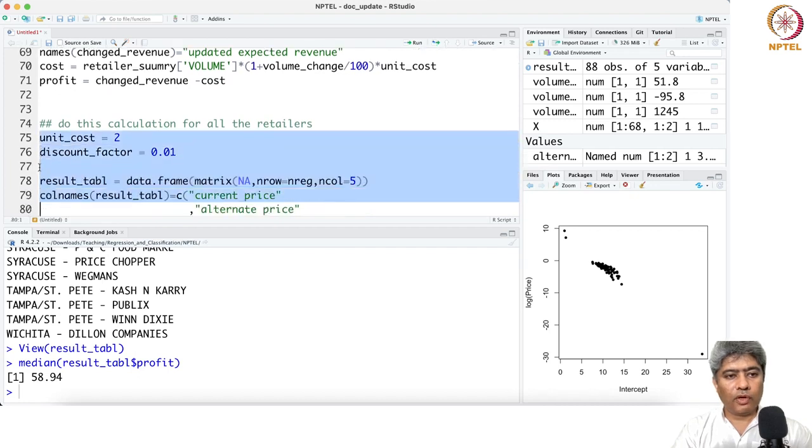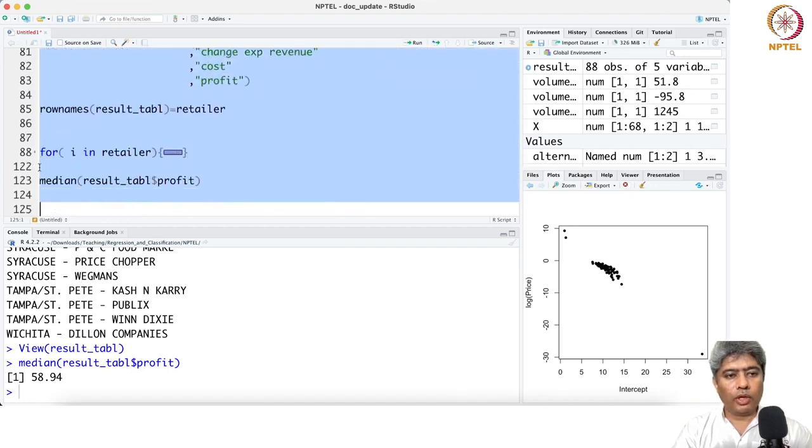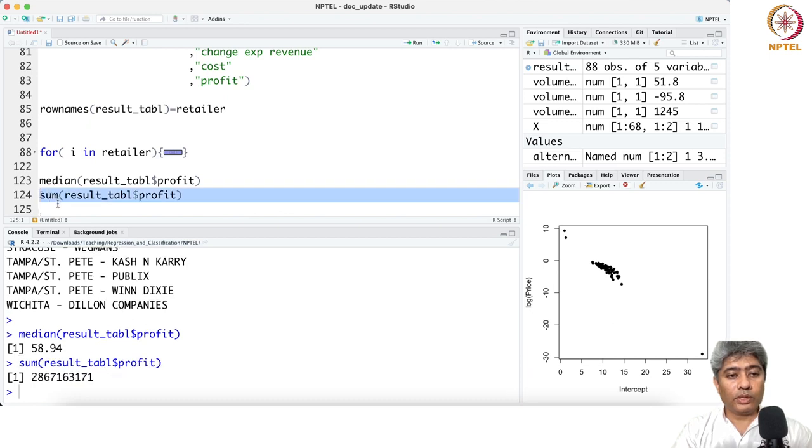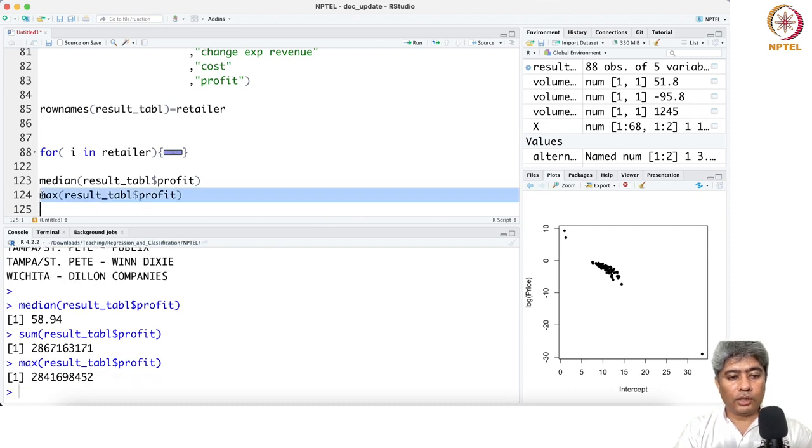Perhaps if I just give 1% discount, my median profit is $58, and if I give this to everybody, then this is my huge total profit. And the max profit that I can get is, this is a big number, this is definitely not right, something is wrong.